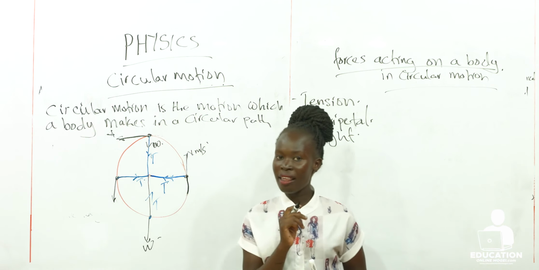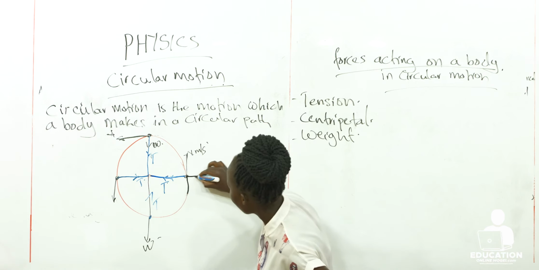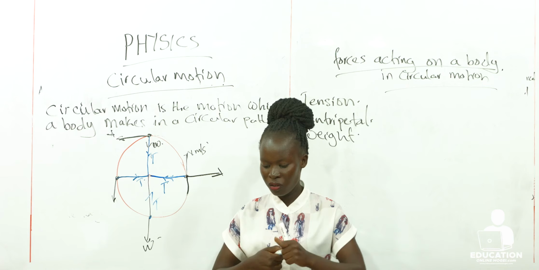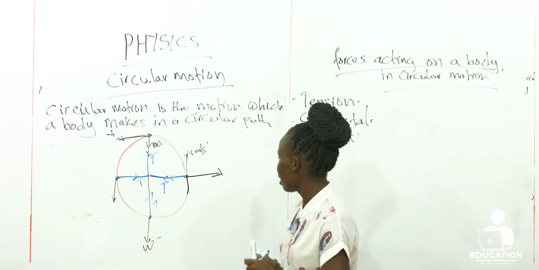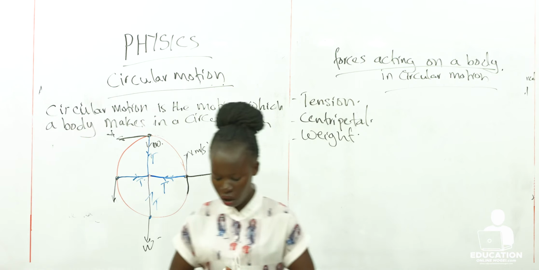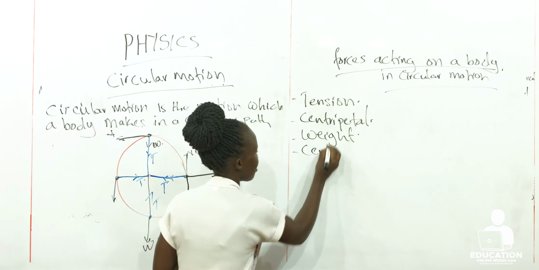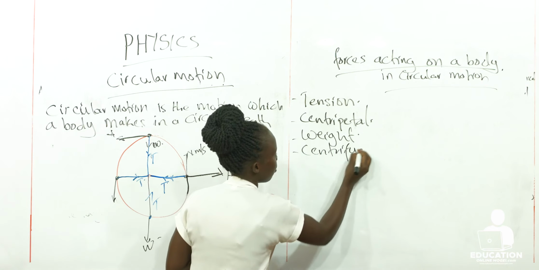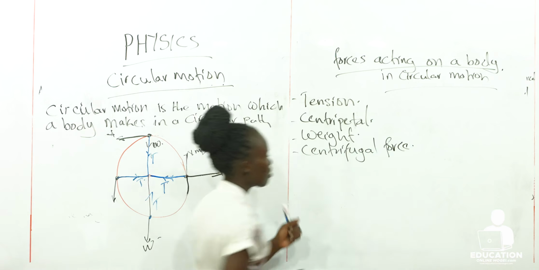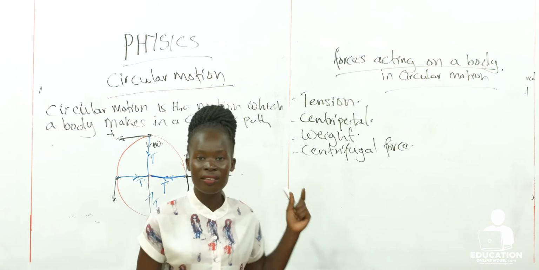There is also another force still acting on it. This way here, there is a force that goes outwards. So what is this force that goes that side? This force here is known as the centrifugal force. For this centrifugal force, what happens is that it does not act towards the center.